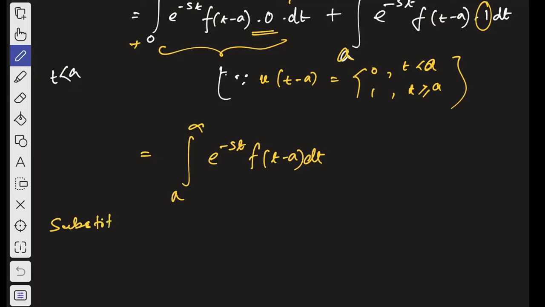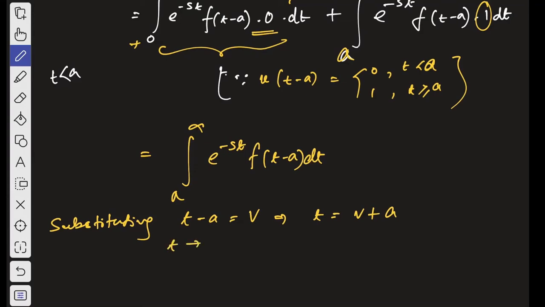Now let us substitute t minus a equal to, suppose, b. Then it implies t is equal to b plus a, right?